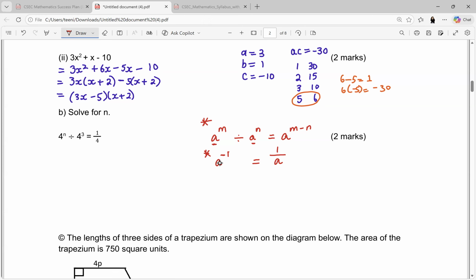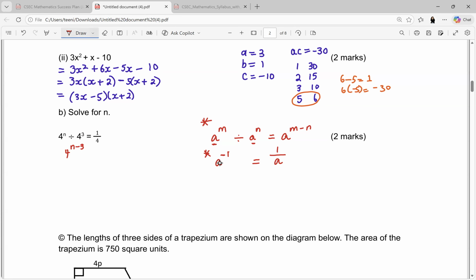So on this side, if you have 4 to the power of n divided by 4 to the power of 3, based on this rule, when you're dividing indices that have the same base, you simply subtract the indices. So I can write this as 4 to the power of n take away 3, because that's the rule.